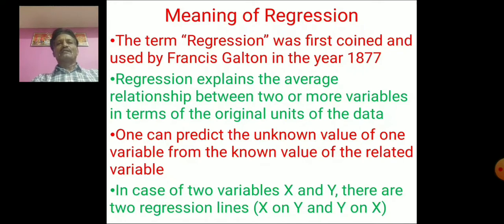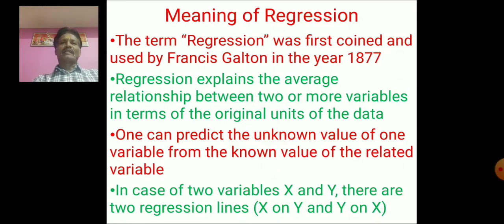Regression explains the average relationship between two or more variables, given in original units. Correlation explains only the degree of relationship between two or more variables, but regression explains the average relationship.